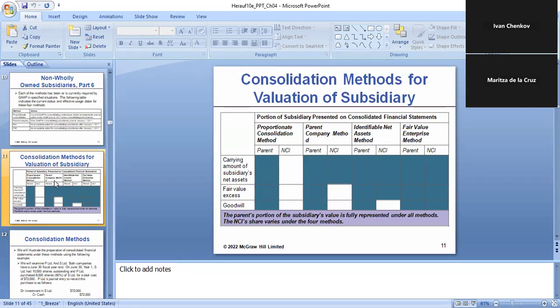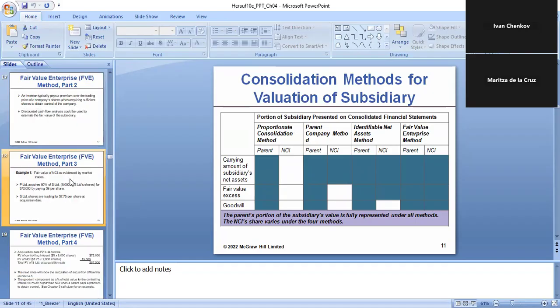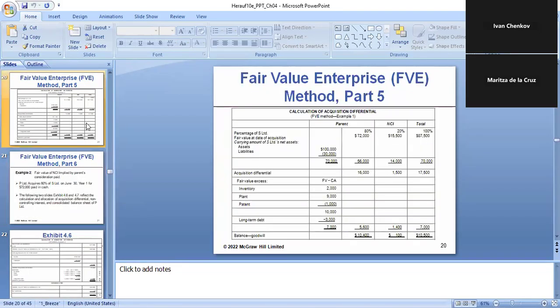Then it has to be shown on the consolidation of the income statement, and has to be shown on consolidation of the balance sheet. So those are the two available methods that we're going to use. Either we're going to use the identifiable net asset method, or we're going to use the fair value enterprise method to come up with the calculation for the non-controlling interest.